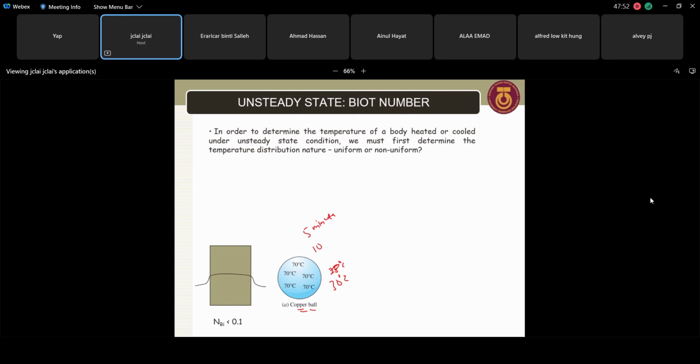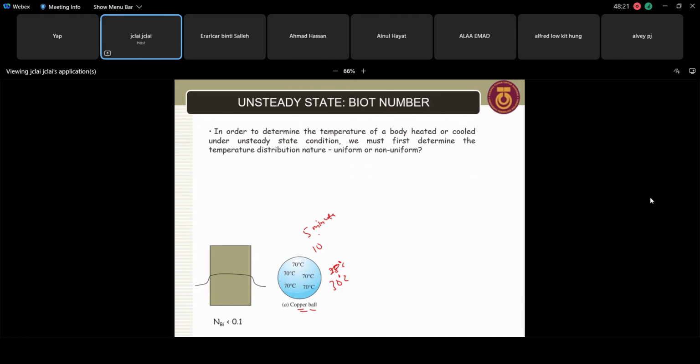If 70 is too hot for the worker to touch, it is not safe. So I want to know how much time I need in order to cool it down to the safe temperature so that workers can use their hands to touch the ball and take it into the box for packaging. So I need to calculate, right?